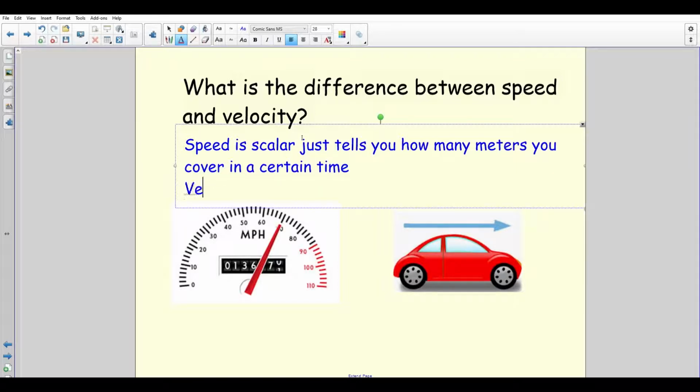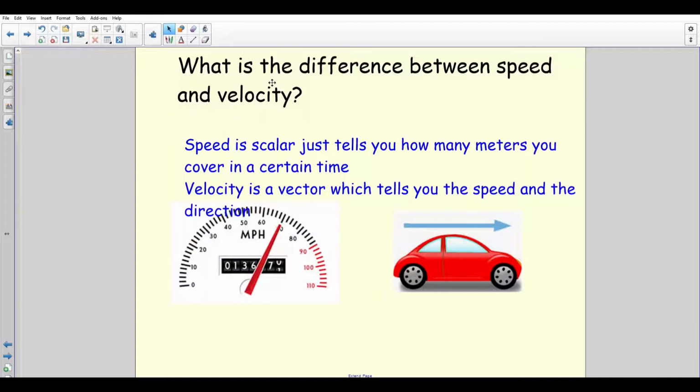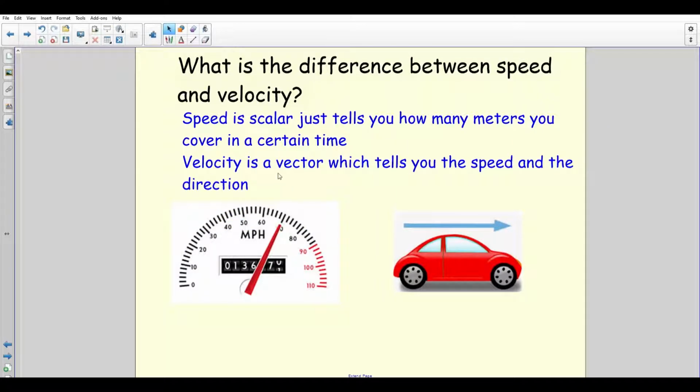Whereas velocity is a vector, so it has a direction as well as a magnitude. And that tells you the speed and the direction. So it tells you how fast you're going and which direction you're travelling in.